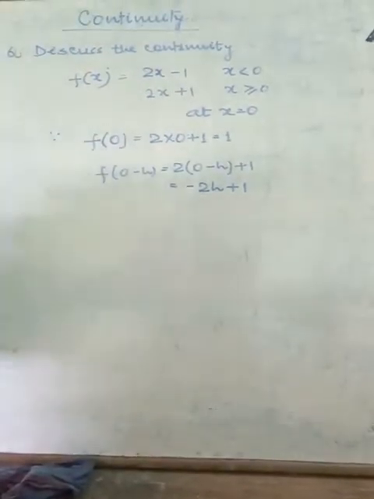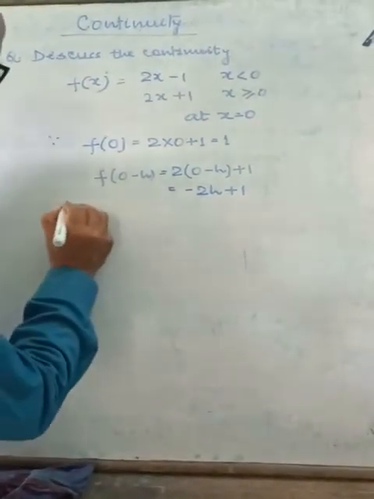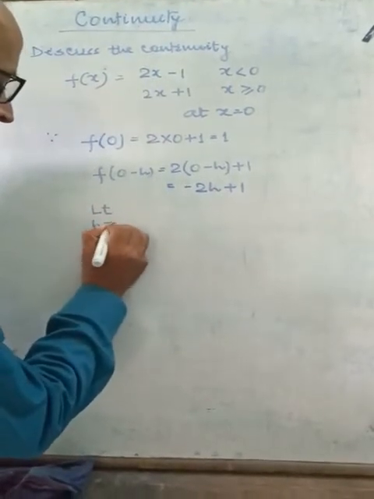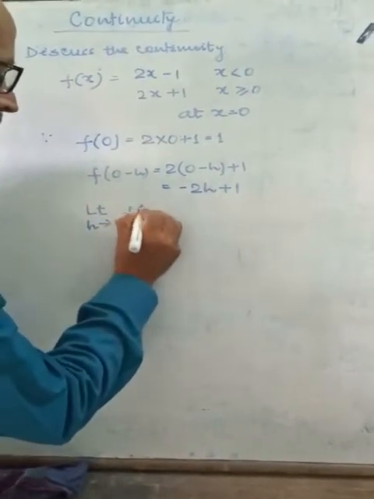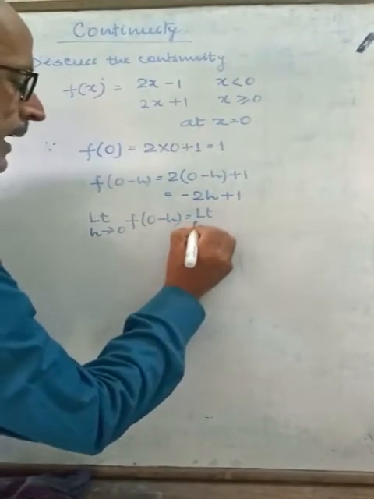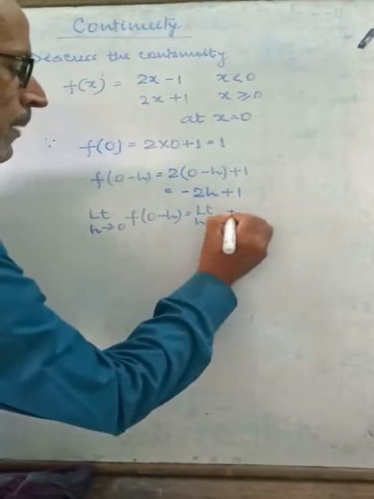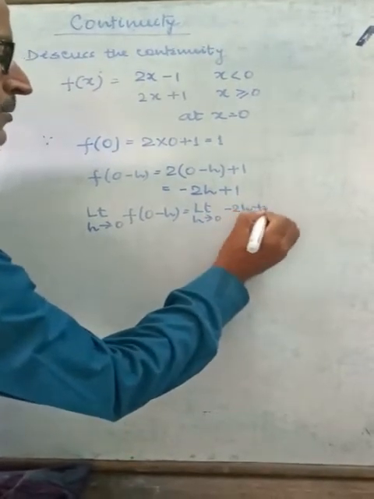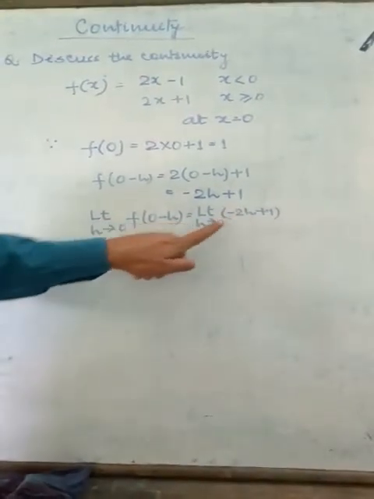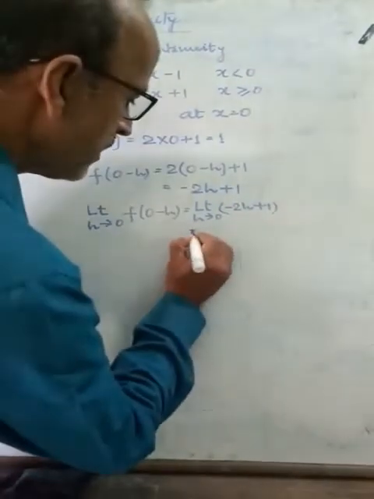Now take the limit as h tending to 0, of minus 2h plus 1. So when h tends to 0, this becomes 1.